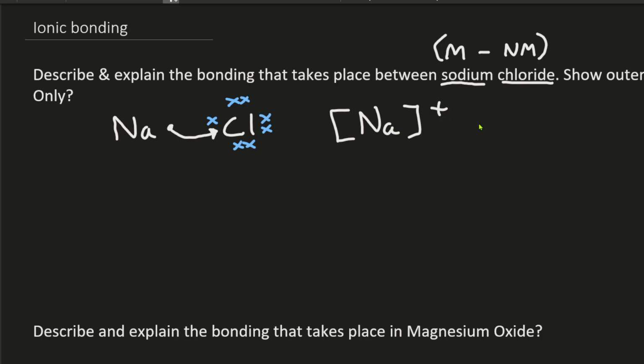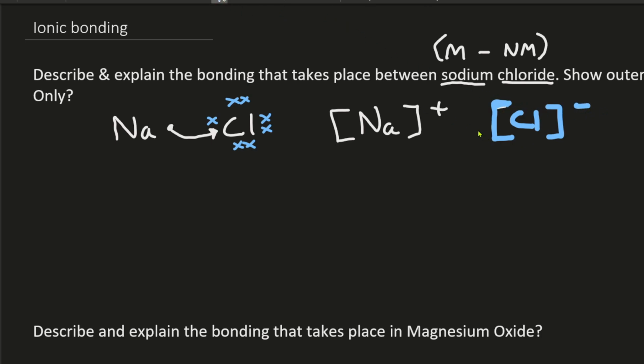And if you then see the chlorine has gained 1 electron, so now it's going to become a charge again. Let's keep it consistent and let's make this blue. And we can see that this one becomes a negative charge.